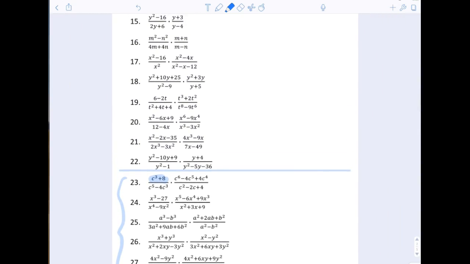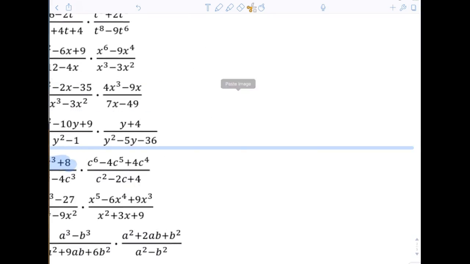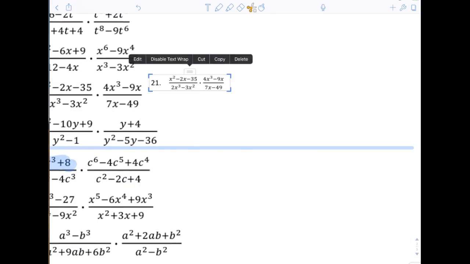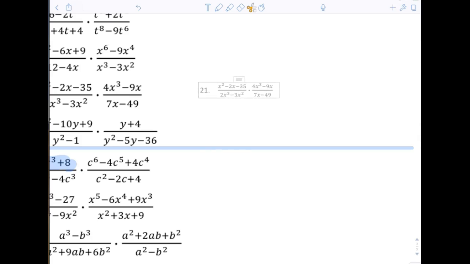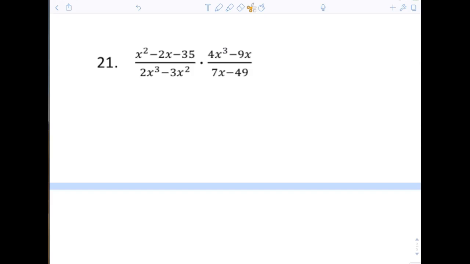All right, but I want to pick another one. Let's do question number 21. So everybody grab 21, move it off to the side, and let's see if you can do it. A lot of factoring, guys, okay? A lot of factoring. So I'm just going to walk around the room and see what you're doing.